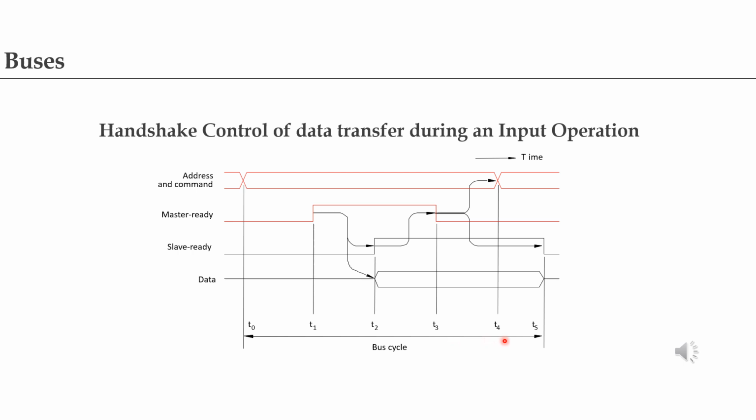At T4, the master removes the address and command information from the bus. And finally, at T5, when the device interface receives the 1 to 0 transition of the master ready signal, it removes the data and the slave ready signal from the bus. This completes the input transfer.